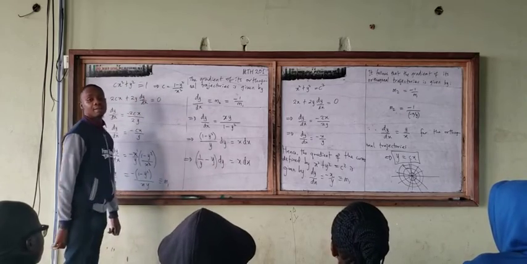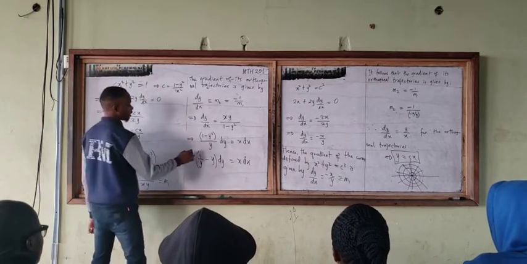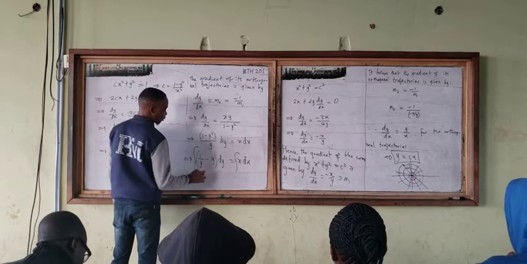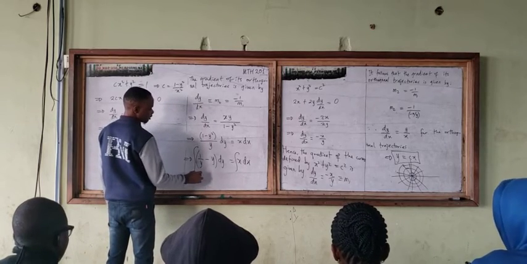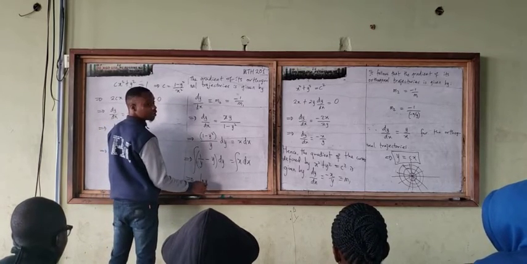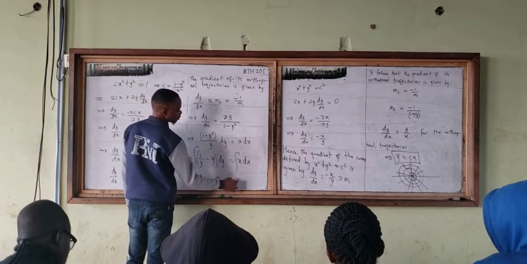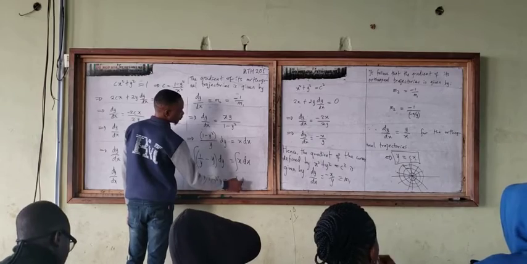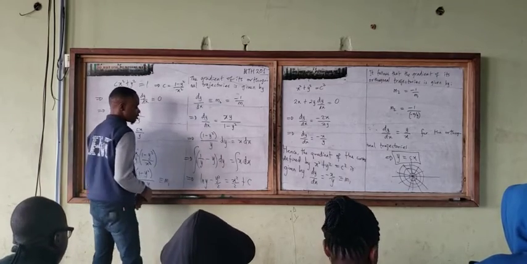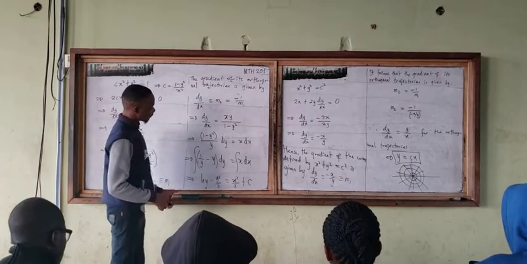Does that make sense? Alright, so you can integrate both sides now. We're going to have ln y minus y squared over 2 equal to x squared over 2 plus c. So you can multiply through by 2.